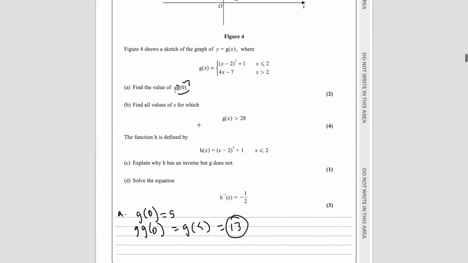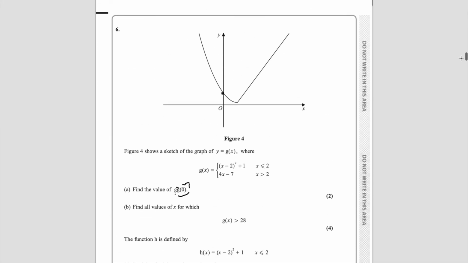For part B, what we're asked to do is find all values of x for which g of x is greater than 28. So if we draw a horizontal line of y equals 28, it's clear that the function is greater than 28 at 2 points. It's greater than 28 here, and it's greater than 28 here.